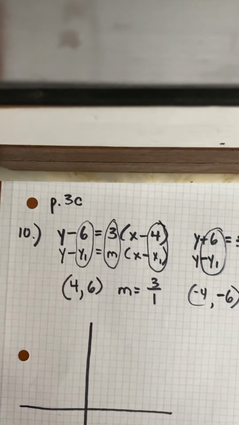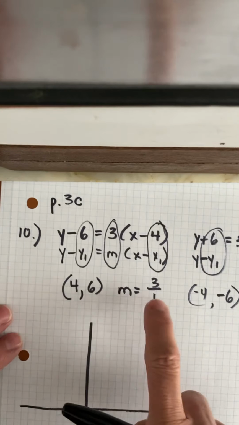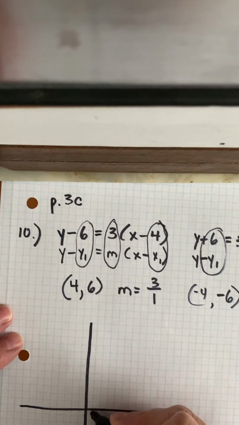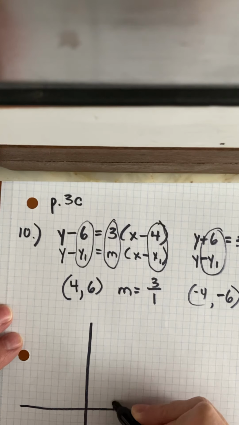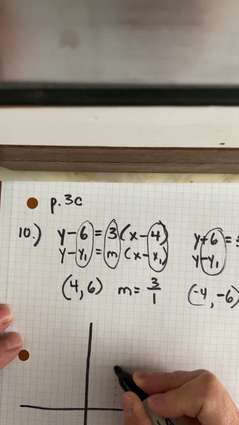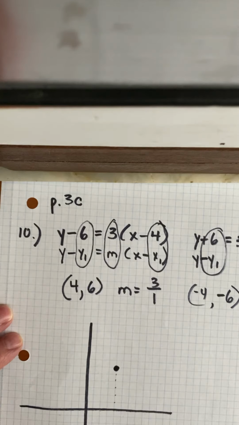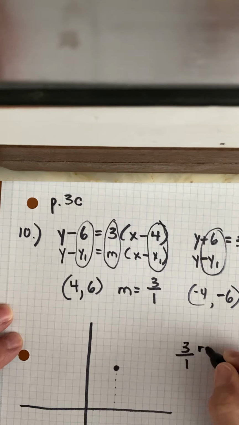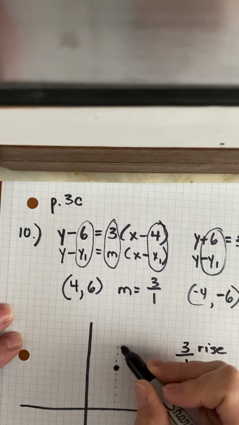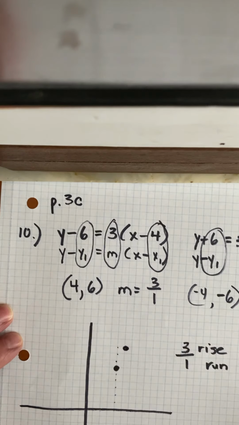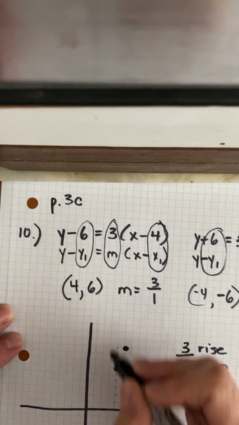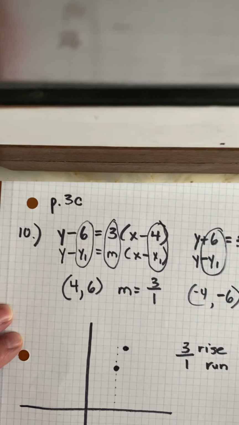So once you know the point and a slope, you graph the point, 1, 2, 3, 4, 1, 2, 3, 4, 5, 6. So I graph the point 4, 6. Now, if my slope is 3 over 1, I'm going to rise 3, run 1. So I go up 1, 2, 3 over 1. But if you look at your graph, you don't have the option of rising because yours is at the top.